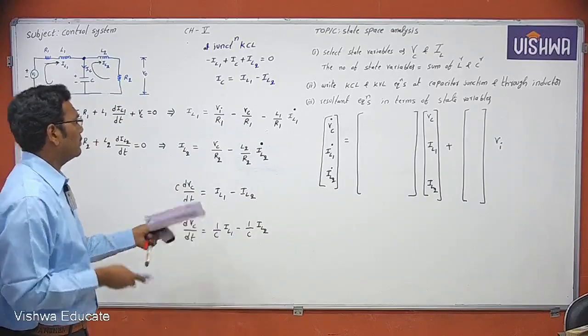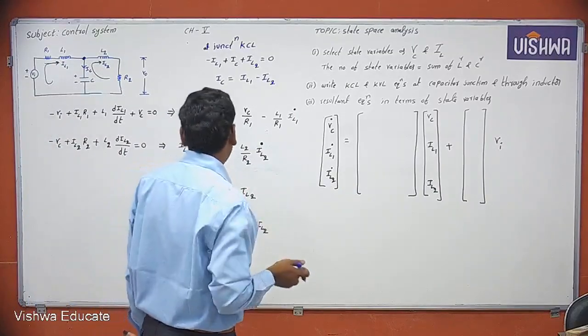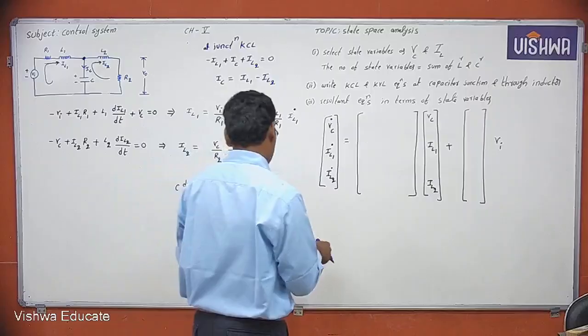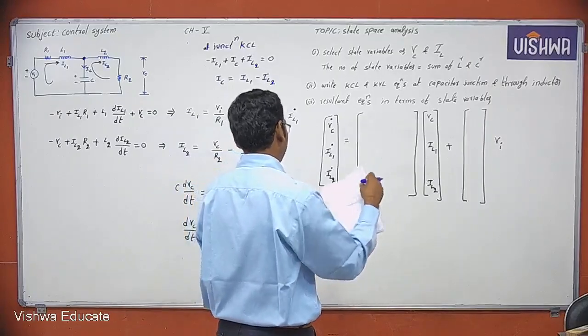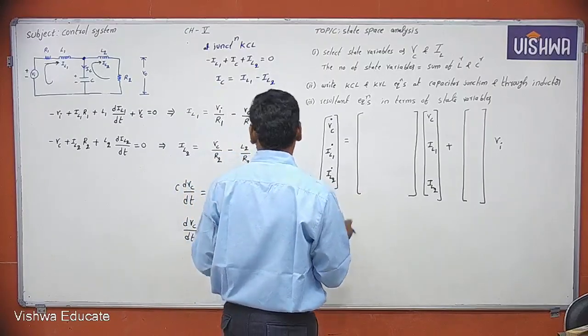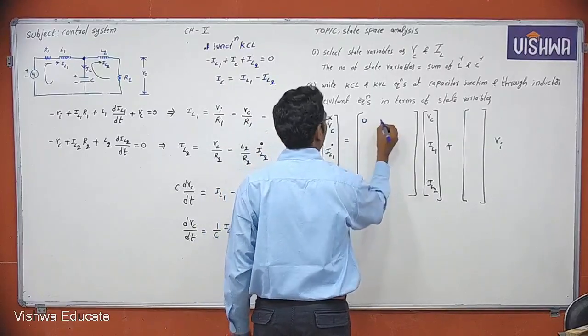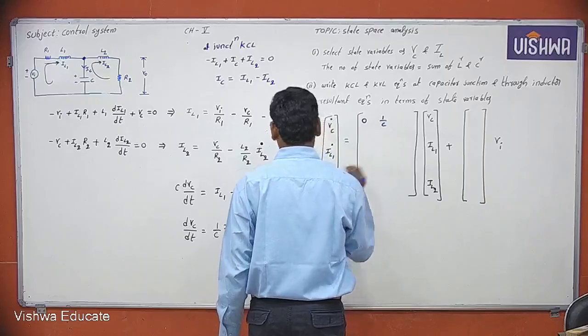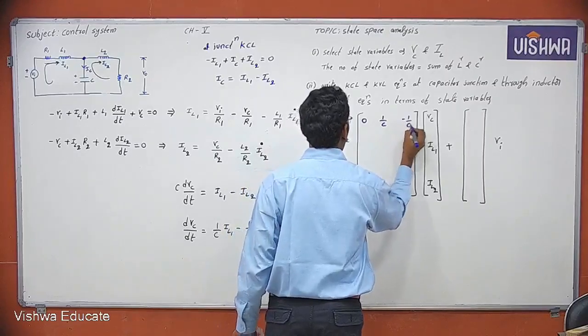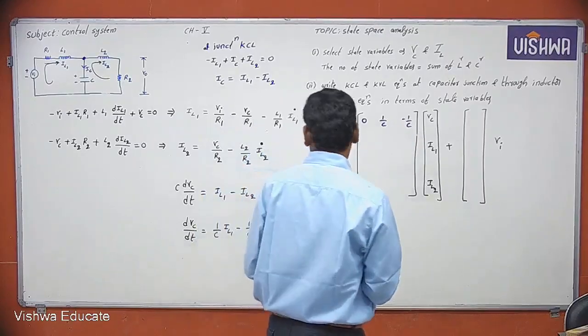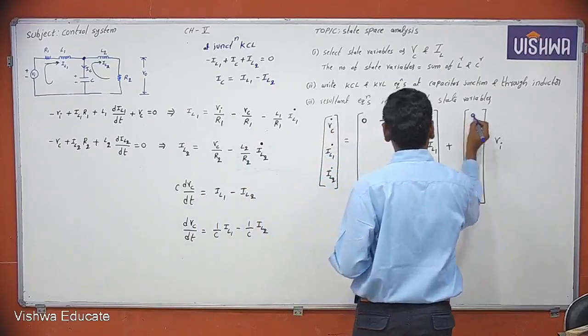Now see here, in terms of Vc, this is 0, Vc dash is 0. Now IL1 means 1 by C, IL2 means minus 1 by C. Now in terms of Vi is also 0.